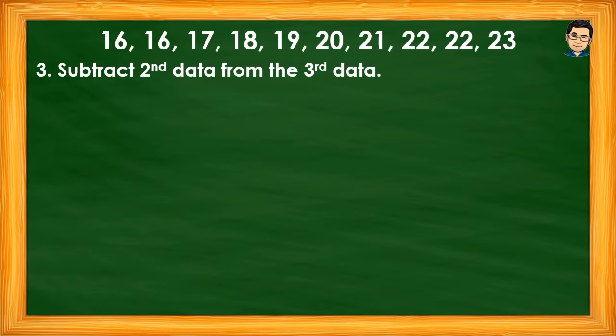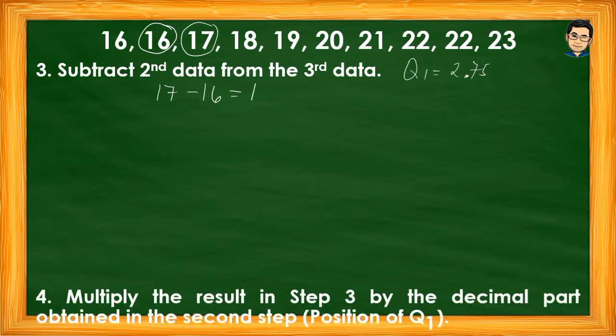Okay, so di ba nakapaloob nga yung 2.75 sa pagitan ng 2 and 3. So, nasan yung pangalawa tsaka pangatlong score? Ito po yung 16 tsaka 17. So, gagawin natin, pagsusubtract natin yon. So, that is 17 minus 16. The difference will be 1. So, ibig sabihin, 1 ang nakuha nating sagot.